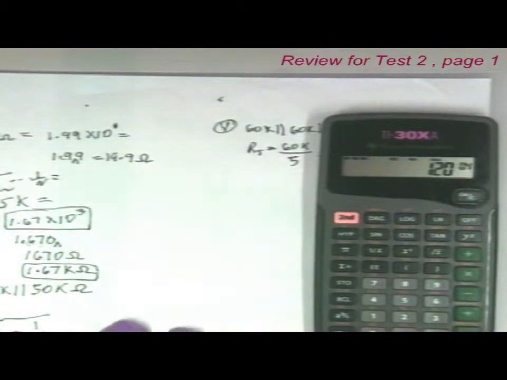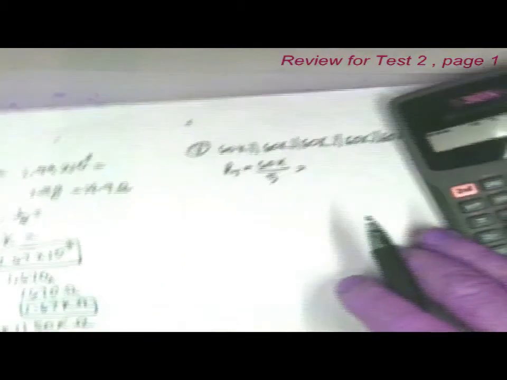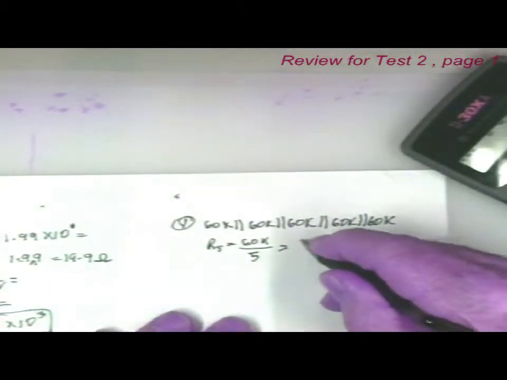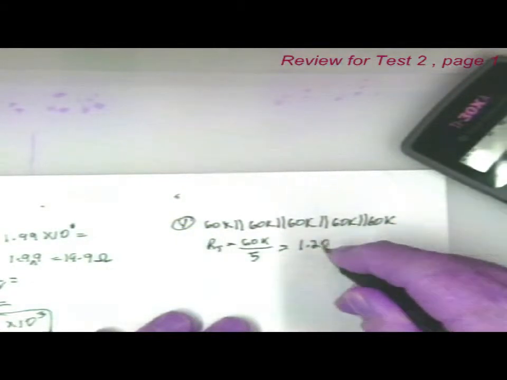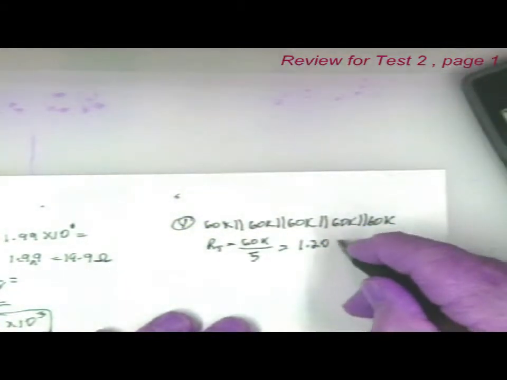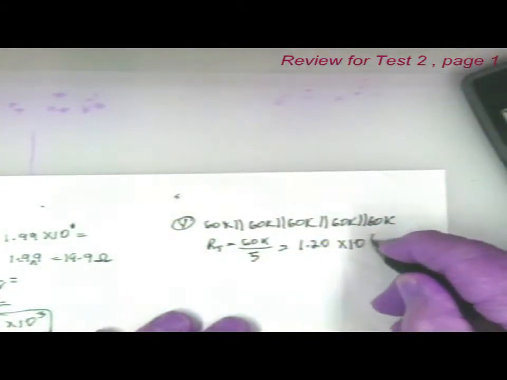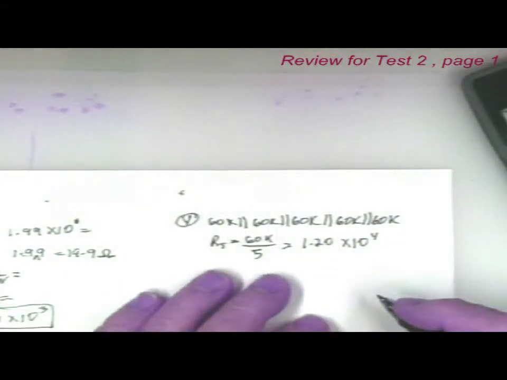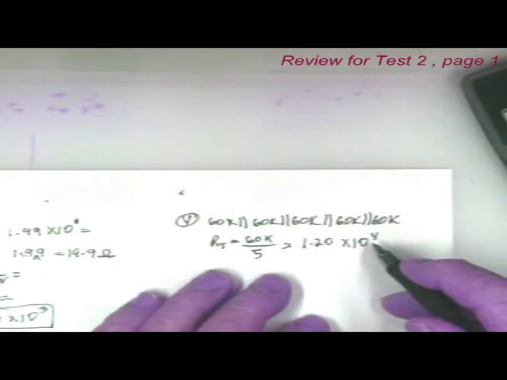Now notice my answer is this. Let's make sure you can see it. It's 1.20 times 10 to the 4th. Now remember what we're doing? Even though this is a correct answer, it's not a correct answer for our test purposes. We want this resistance to be in ohms, and we don't want it to be with a power of 10.